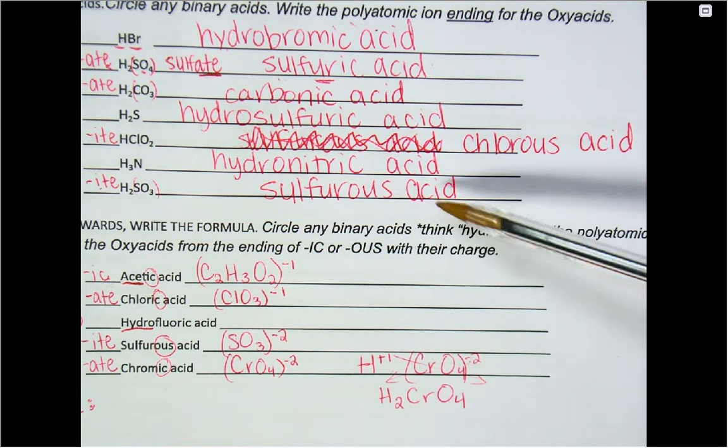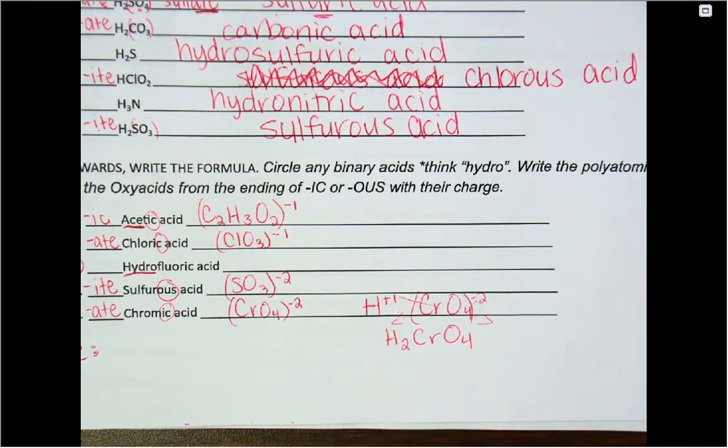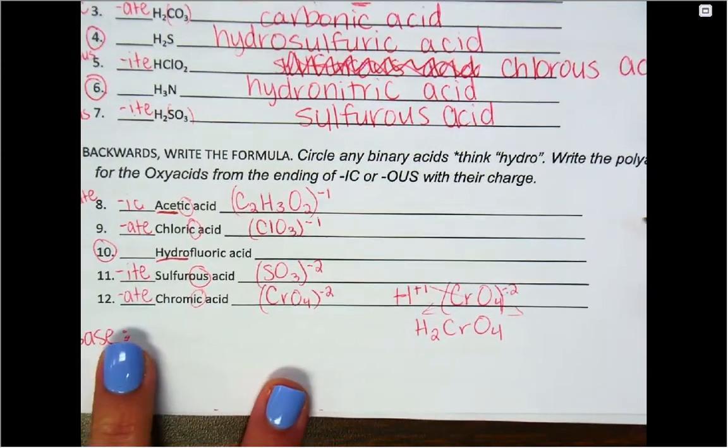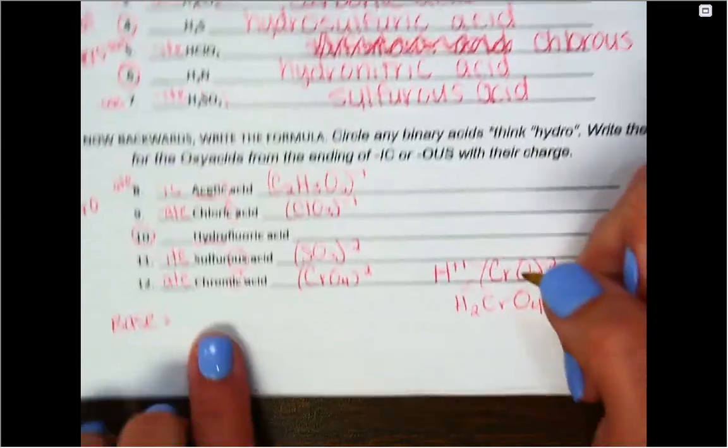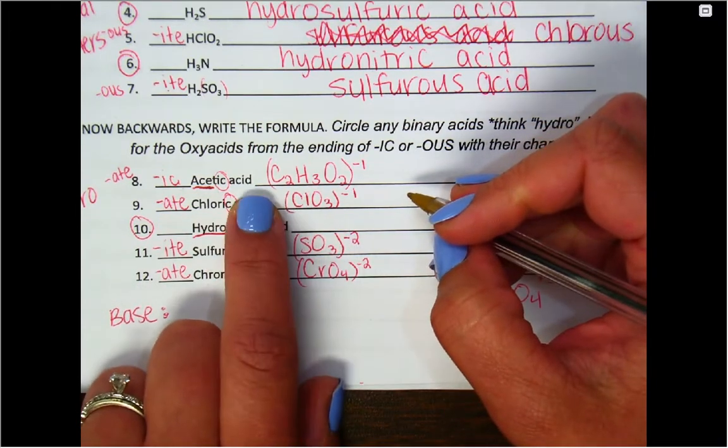All right, and then down at the bottom, when you guys had to combine these, you had to crisscross your charges, okay? So for acetic acid, all that we're going to do is throw an H in front of that. Remember, our H's all have a +1 charge.